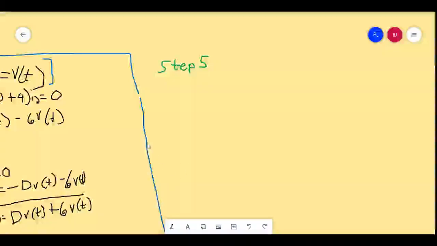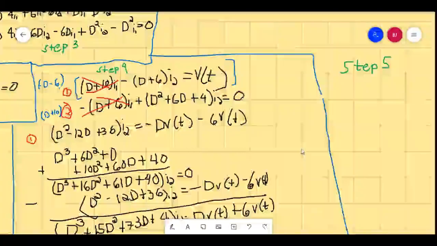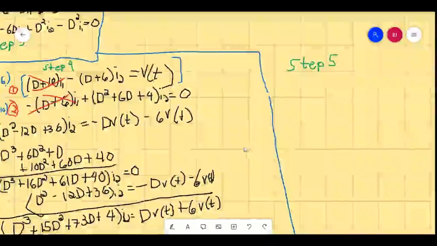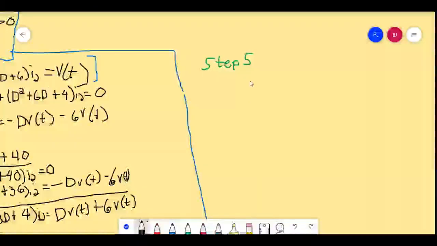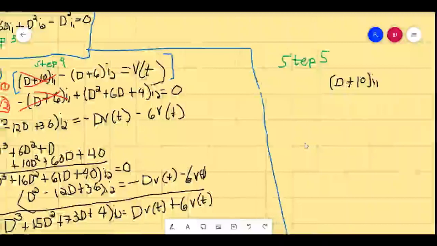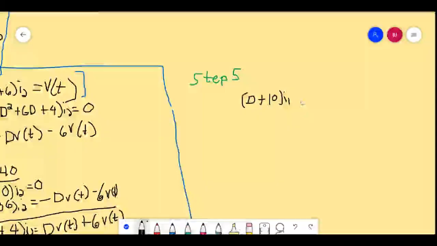So let's now copy it from the one here. (D plus 10) I1 minus (d plus 6) I2 equal to v of d.